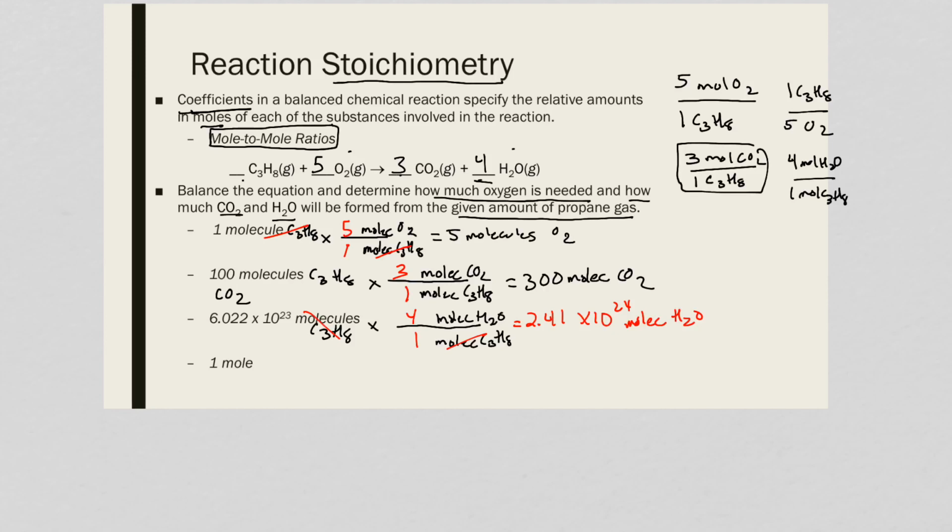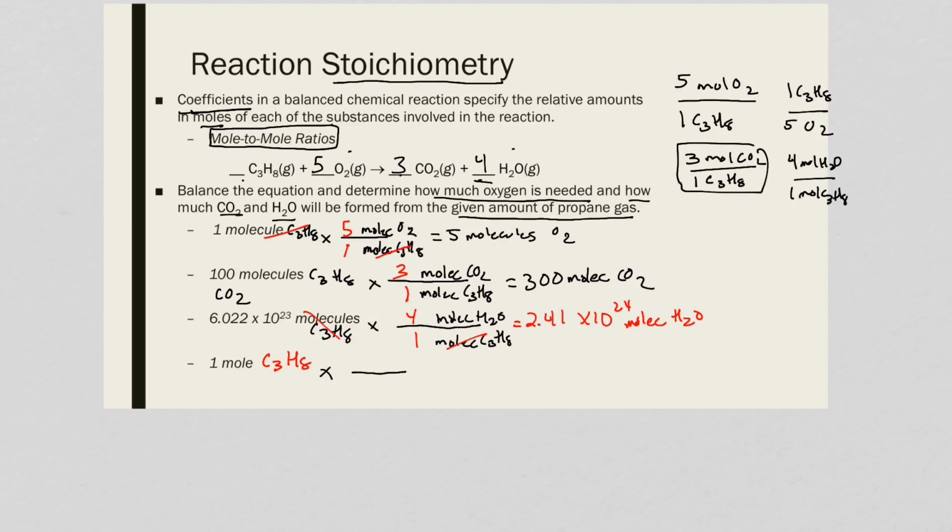So let's say that I start with 1 mole of C3H8. Now, I started off calling these mole-to-mole ratios because this is most commonly what we'll be working with. You'll be using moles of these different reactants and products. So let's look at the oxygen, how much oxygen we need.